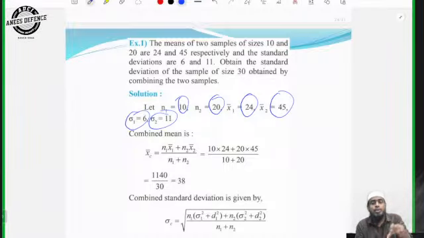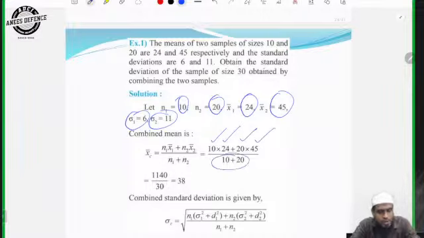What is the formula? Xc bar equals n1 x1 bar plus n2 x2 bar divided by n1 plus n2. n1 is 10, x1 bar is 24, n2 is 20, x2 bar is 45, and n1 plus n2 is 10 plus 20. So you will get 38.